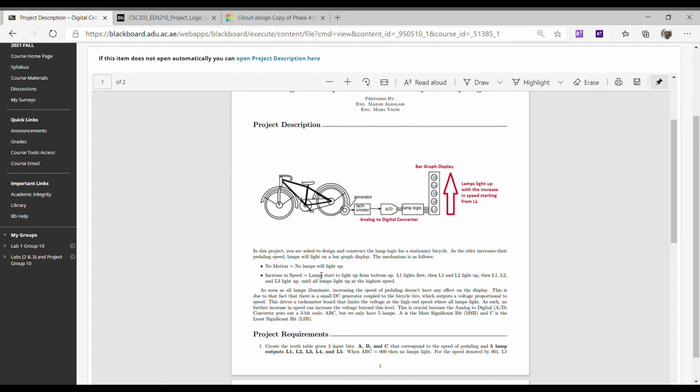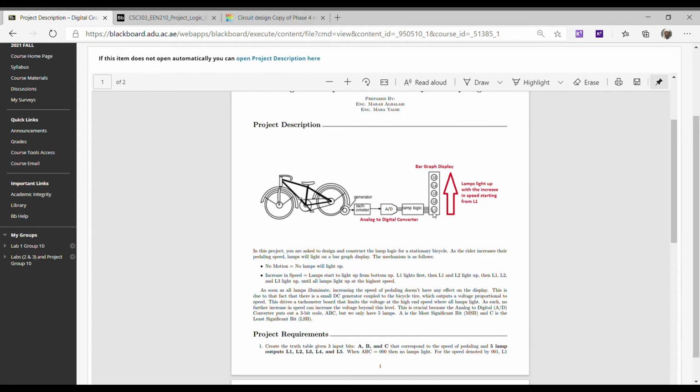So, today we are here to explain the Multisim and the Tinkercad circuits. Before getting on that, let me explain about the project and what we have. Here we have a bicycle. The bicycle has 5 lamps: L1, L2, L3, L4, and L5. As we increase the speed, the lights will turn on.